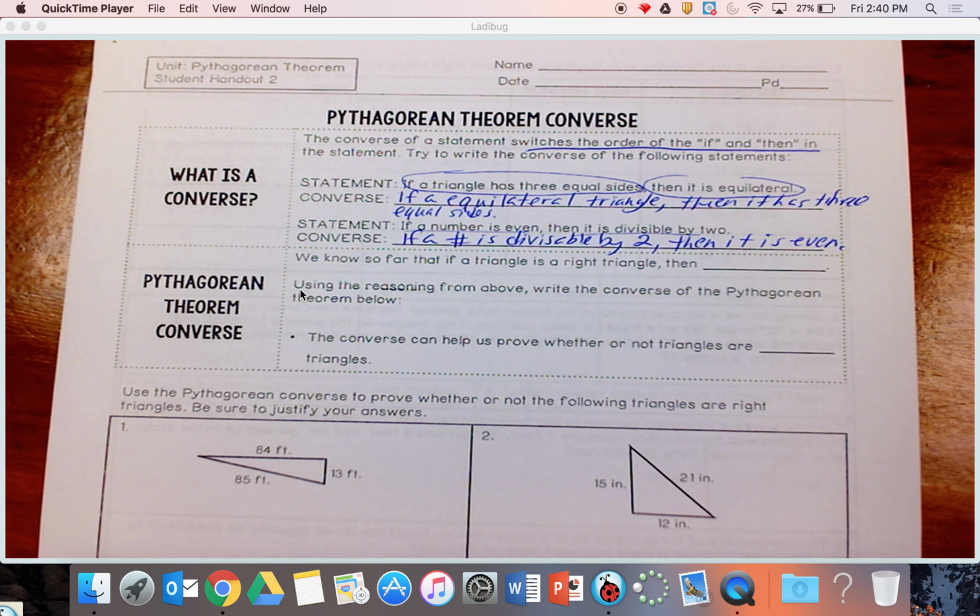So what does that have to do with the Pythagorean theorem? Well, remember, the Pythagorean theorem works with right triangles.